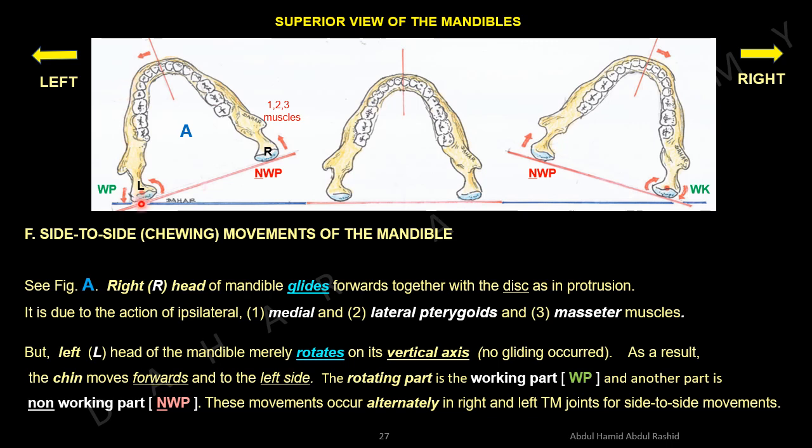The rotating part, this part, is called the working part, WP. But the opposite one, which is the non-rotating part, is called the non-working part, NWP. These movements occur alternately in right and left TM joints for side-to-side movements.